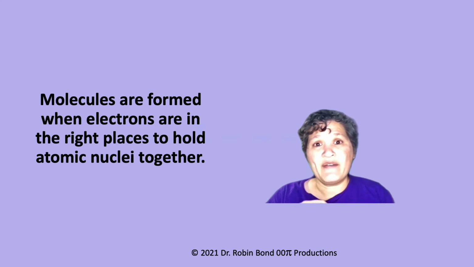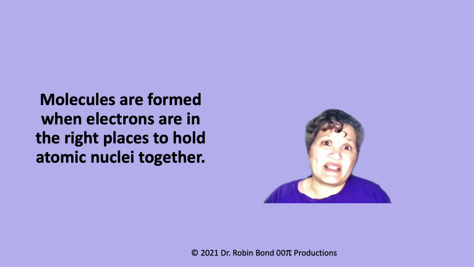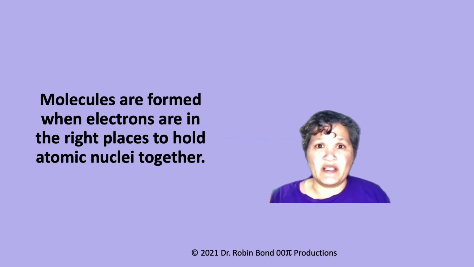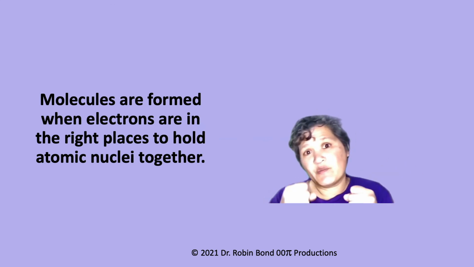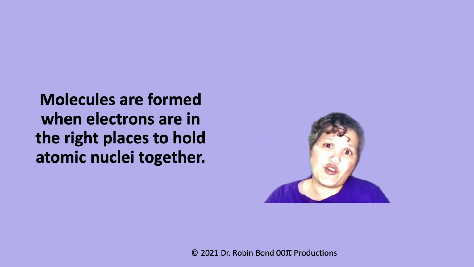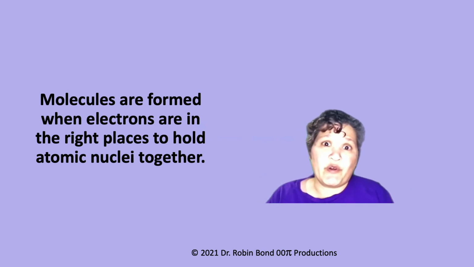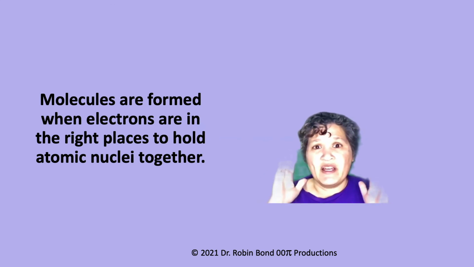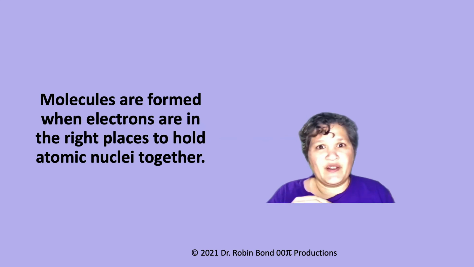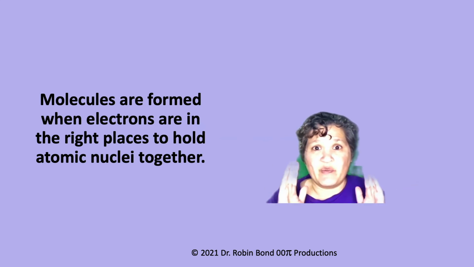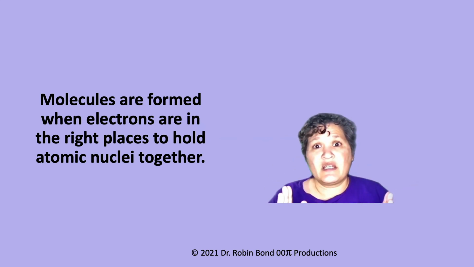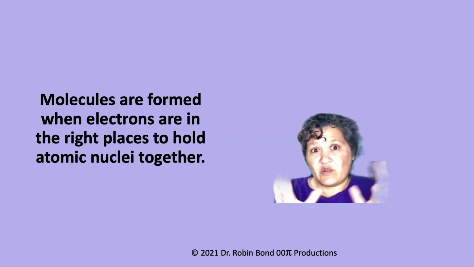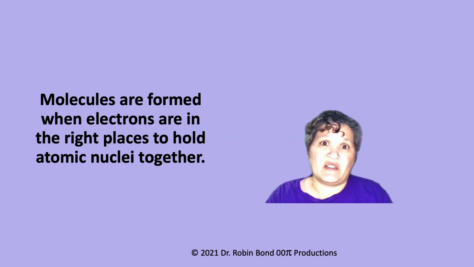If you have them too far apart, they're not going to stick together very well because of the great distance. But if you have them too close together, that's also problematic because then the nuclei will repel each other, right? So for every bond, depending on what sort of atom you have, there's going to be an optimal distance, and the nuclei will naturally settle into that optimum distance.